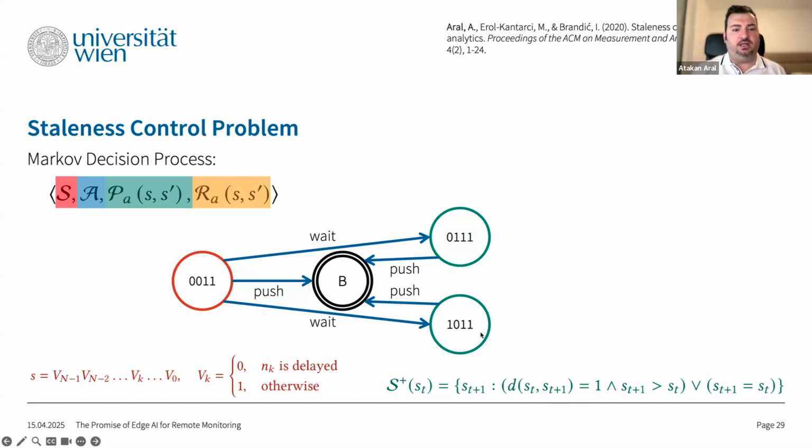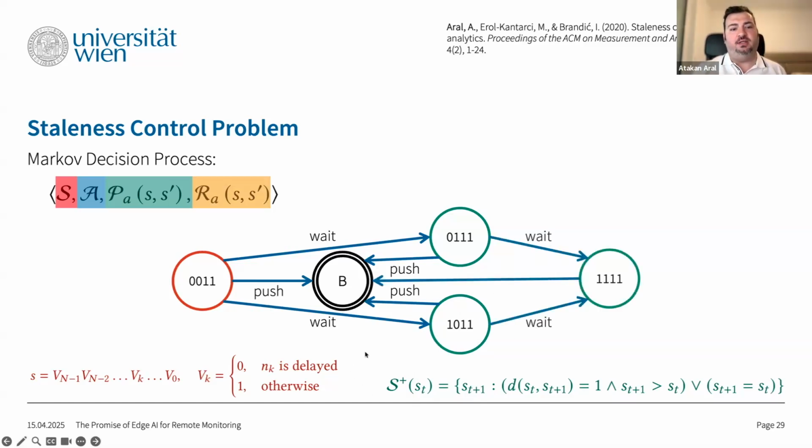We cannot go from this one to this one. And again, in these new states, we might decide to push or wait. If we wait, we go to the next final state where all updates have arrived and we can only push in that state. There's also a possibility that we choose the wait option, but we remain on the same state.